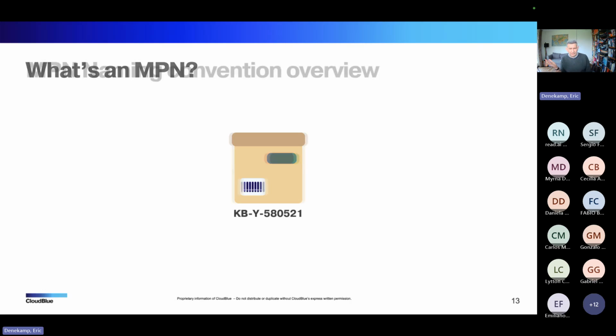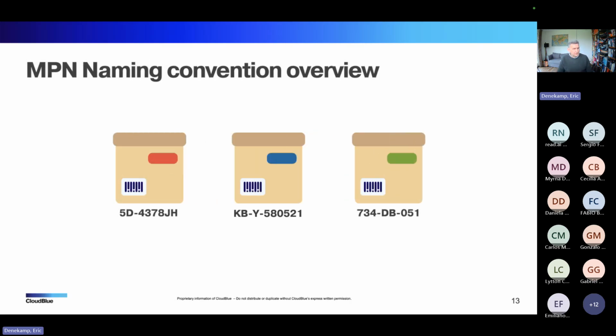So we can have different, let's call them products, but let's call them resources. They can have different types of MPNs. However, what we would suggest is to at least align to a naming convention that I will explain in this section of the deck.